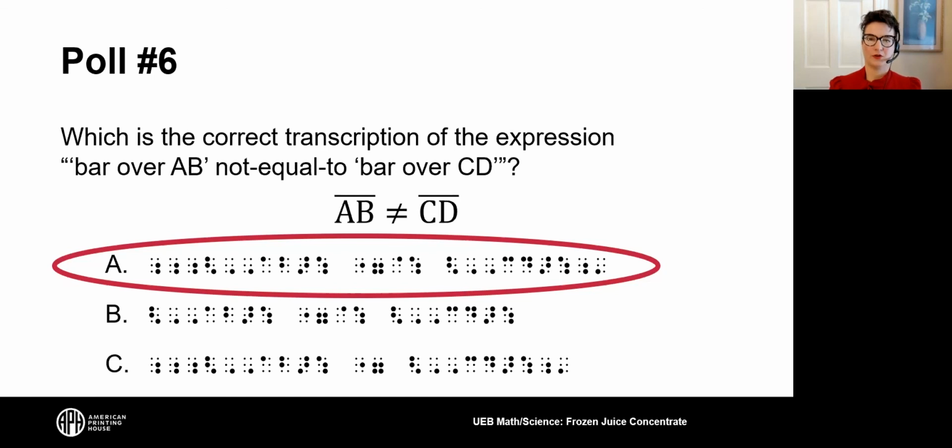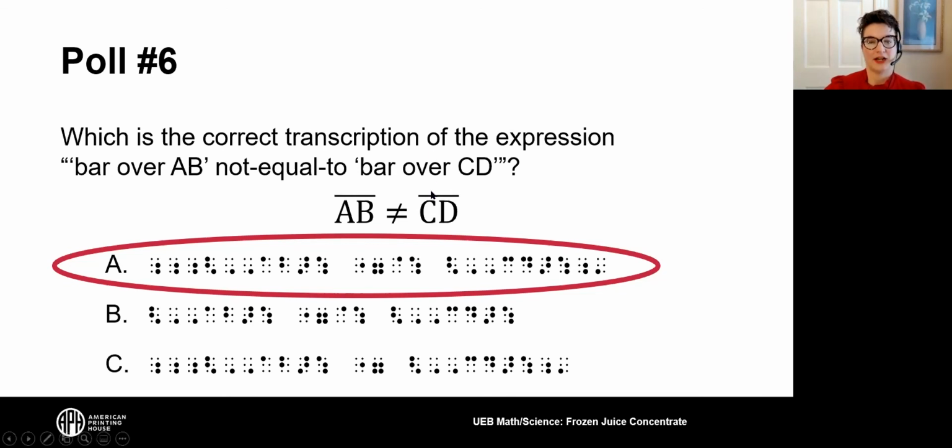So without the grade 1 indicator here, we have GH, cap, cap, AB, AR, WH. But with the grade 1 mode, we have the capital letters AB made into an item with these Braille grouping indicators, and then the line over previous item indicator.